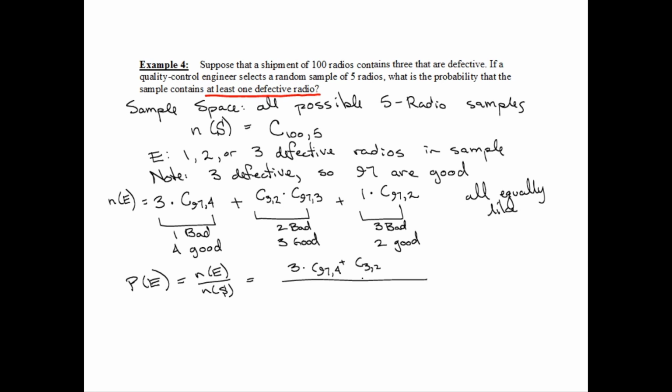Notice combination 3, 2 is going to be 3. If we're choosing 2, that means that's the same as choosing the one left over, the one that is not chosen. There are 3 ways that can happen. So you could just put 3 in place of combination 3, 2 if you want. And we're going to take the whole thing and divide by combination 105.